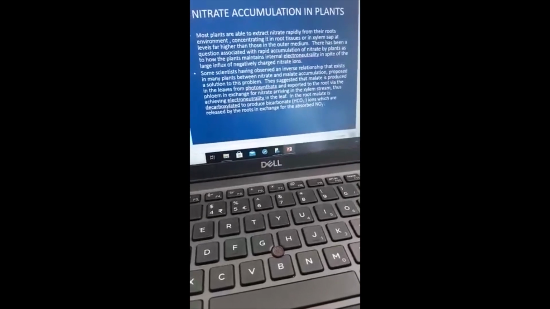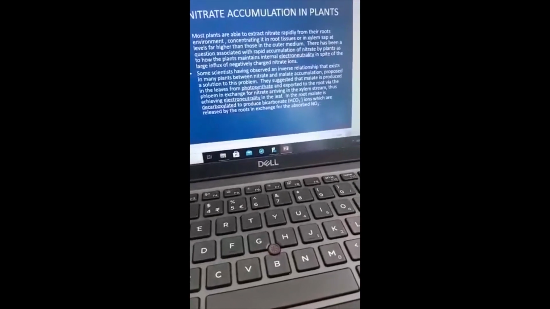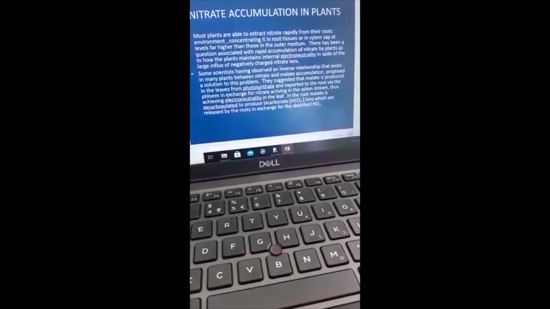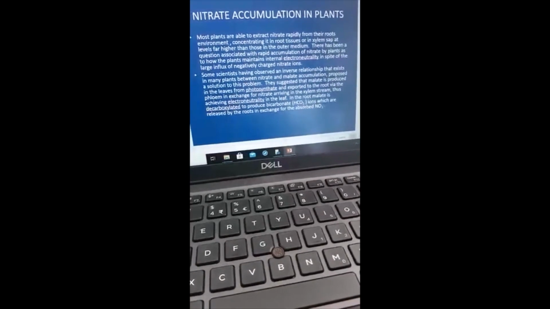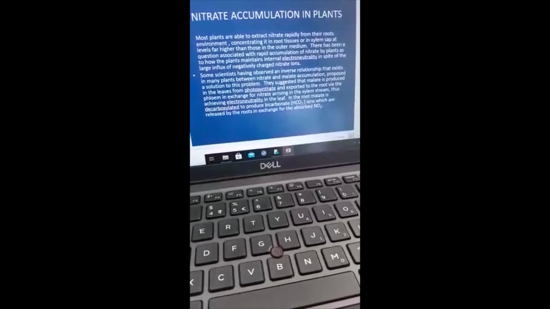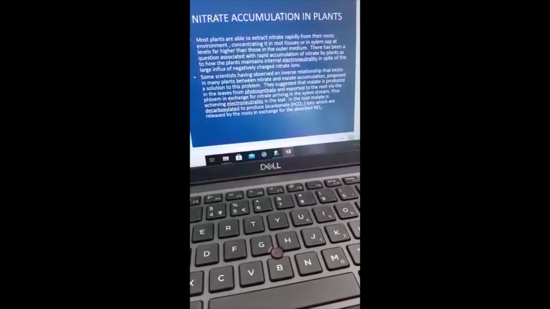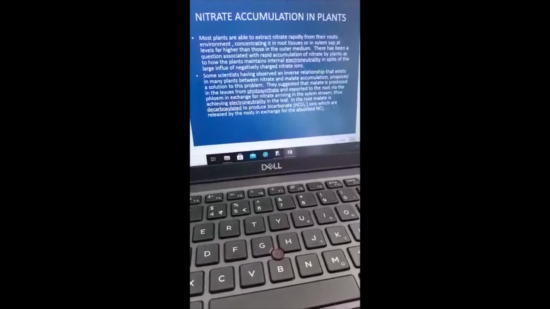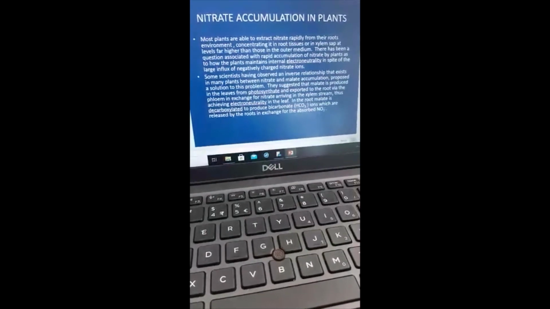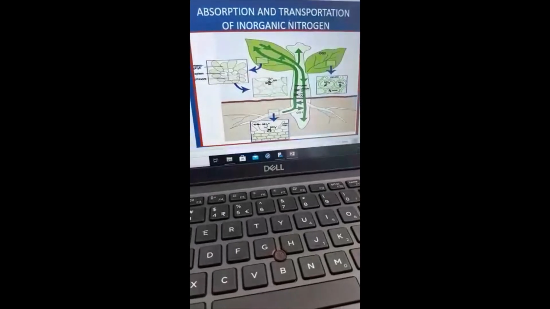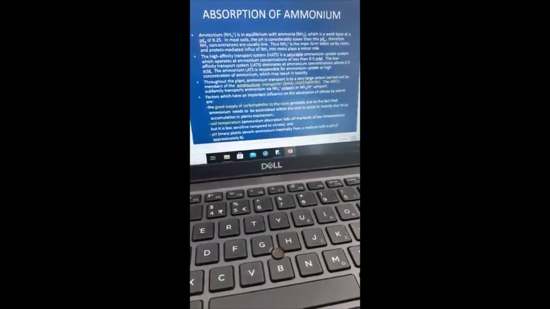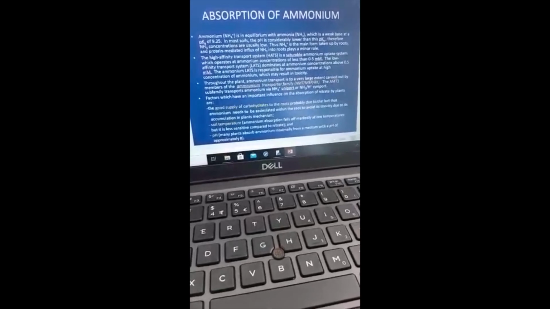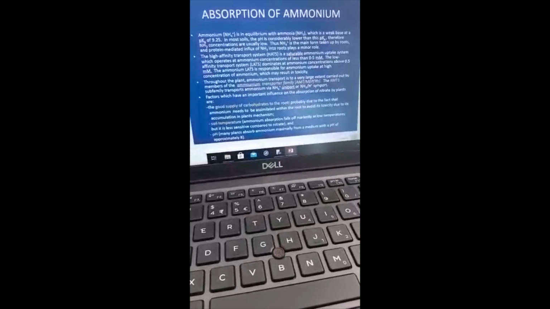As nitrate is entering the root, bicarbonate, which by the way is coming from the broken down malate, is leaving the root of the plant. And in that way, the plant maintains its electroneutrality.